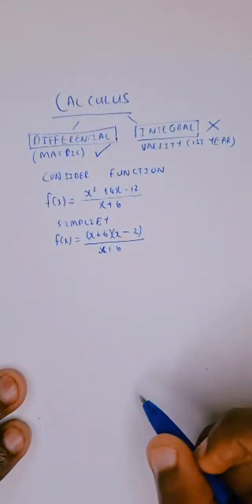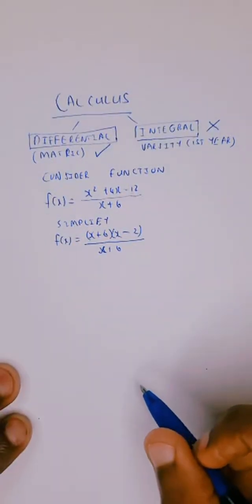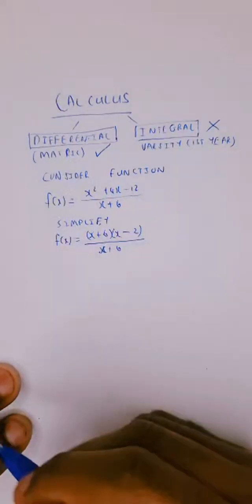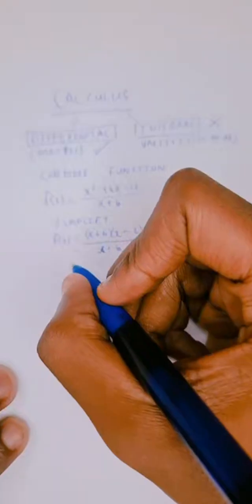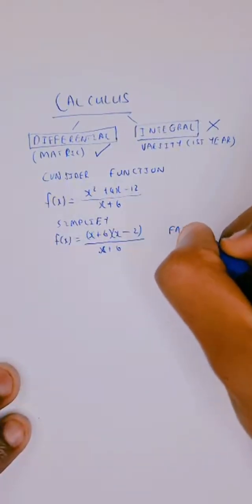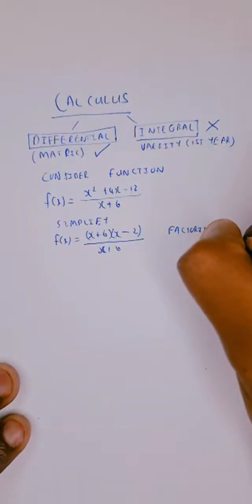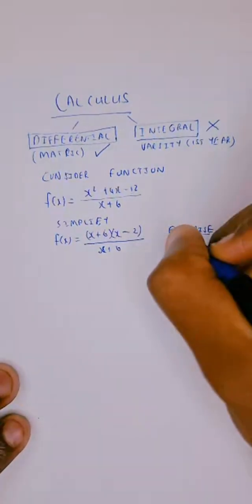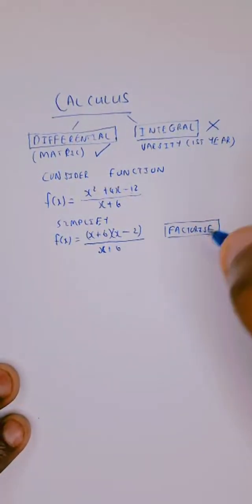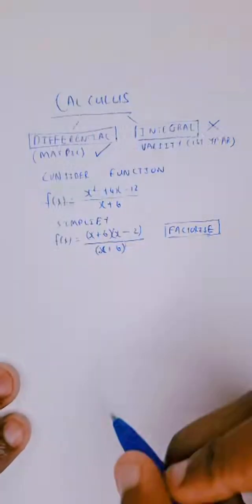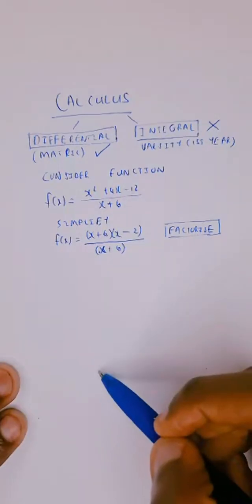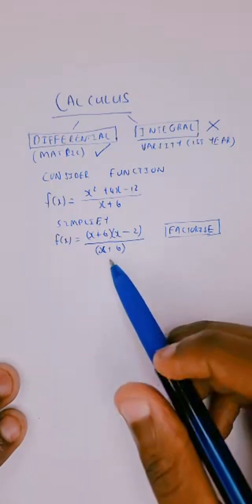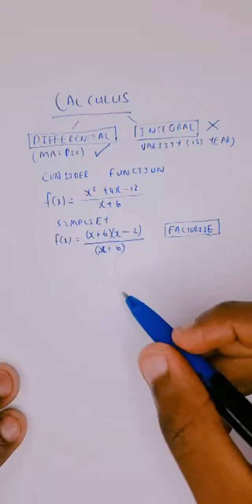If we look at our function again, f of x is equal to x plus 6 into x minus 2 over x plus 6. Now to simplify further, after factorizing, and putting our x plus 6 in brackets to indicate that we've taken out a common factor of 1, we can see that the x plus 6 and the x plus 6 cancel.